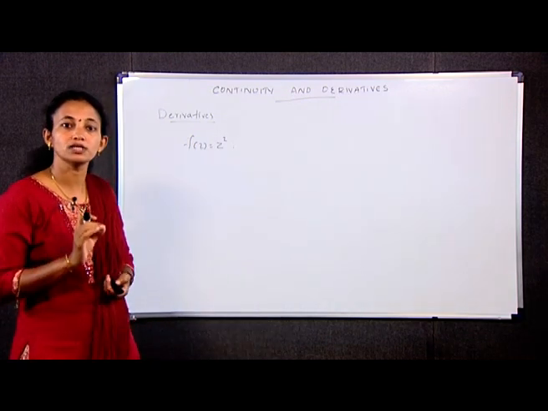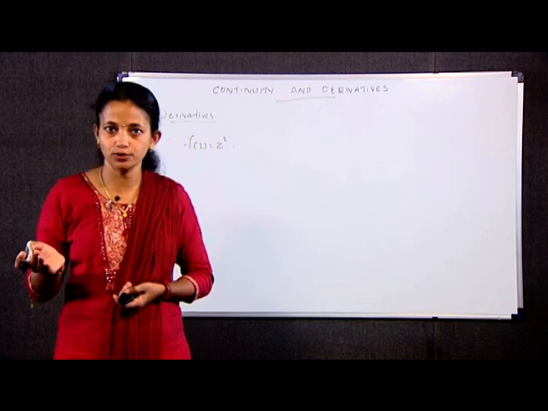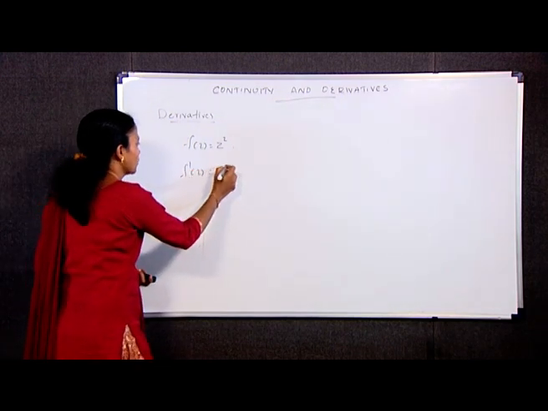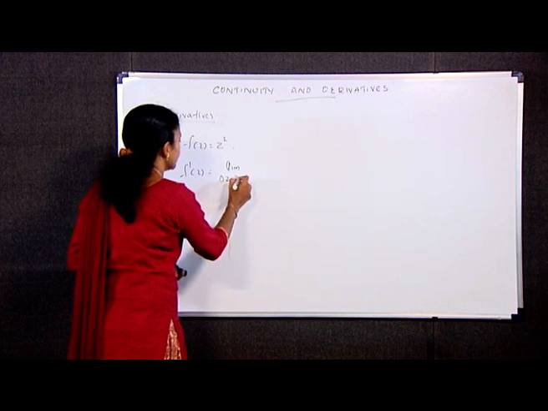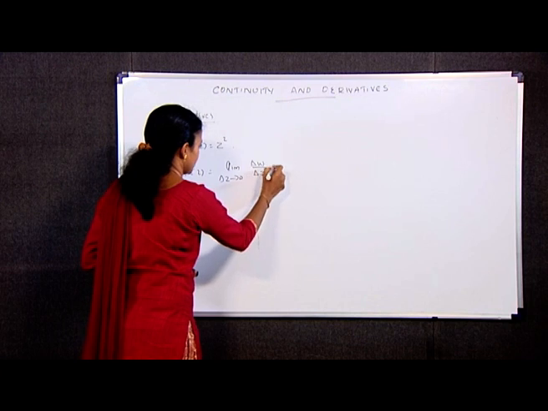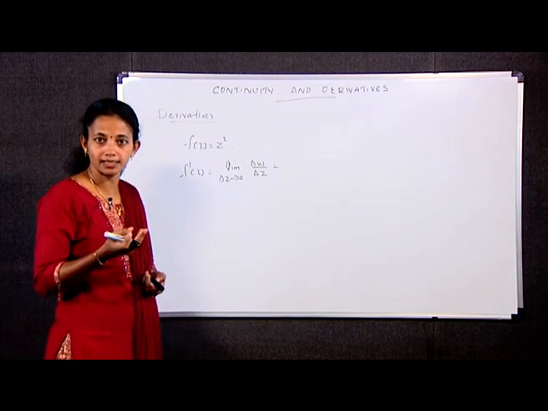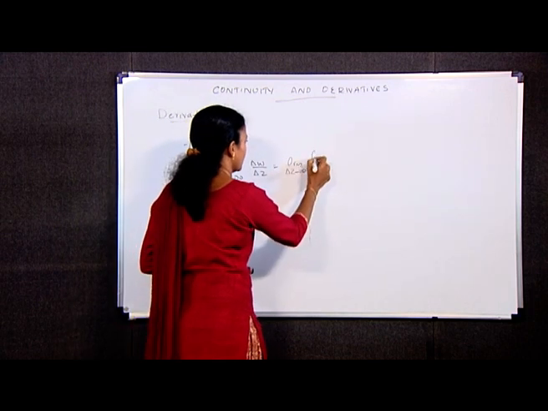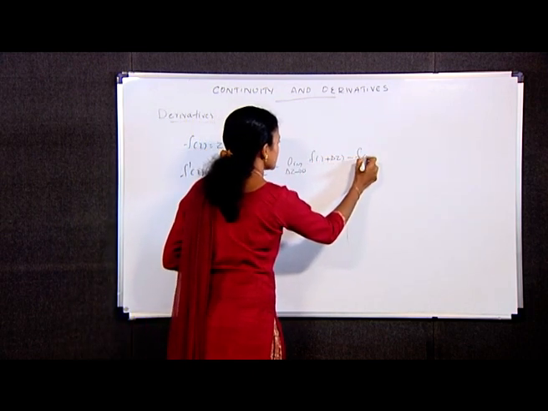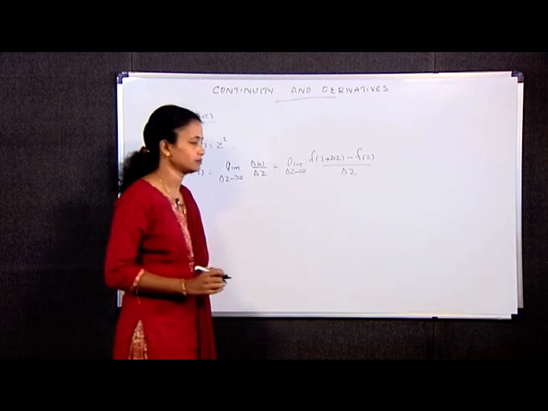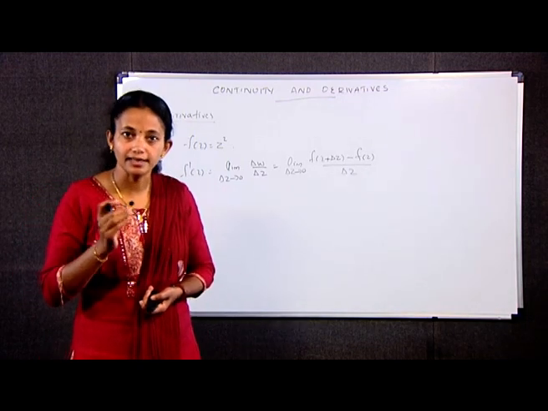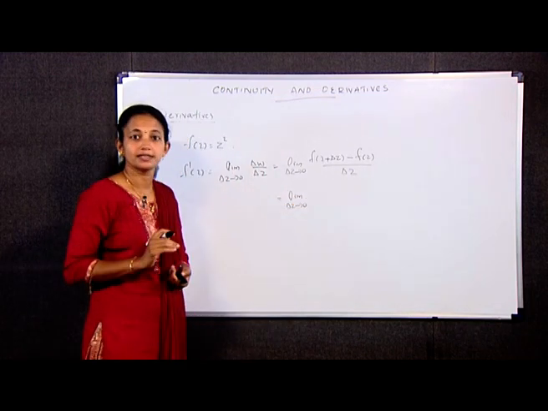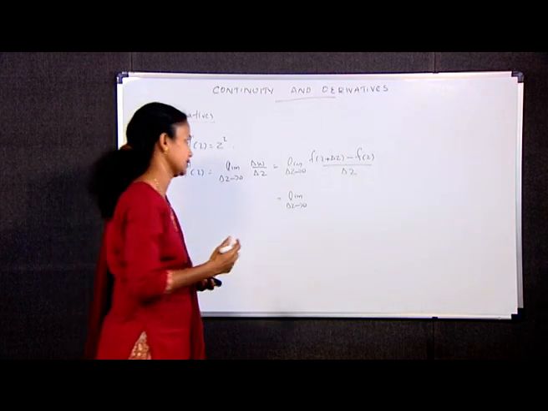So f dash z is equal to dw by dz, which is again the limit as delta z tends to 0 of delta w by delta z, which is the limit of f(z plus delta z) minus f(z) by delta z, which is the limit as delta z tends to 0 of (z plus delta z) whole square minus z square by delta z.